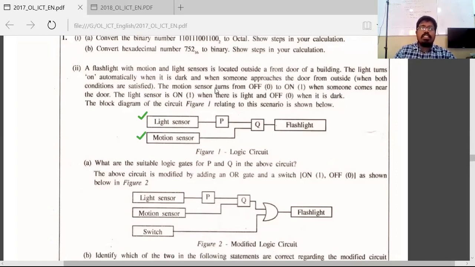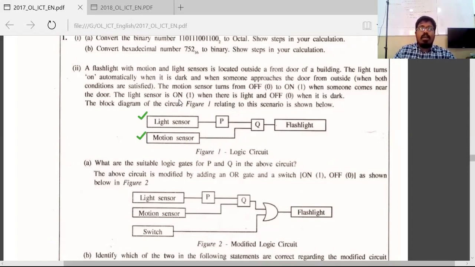The motion sensor turns from off to on when someone comes near the door.